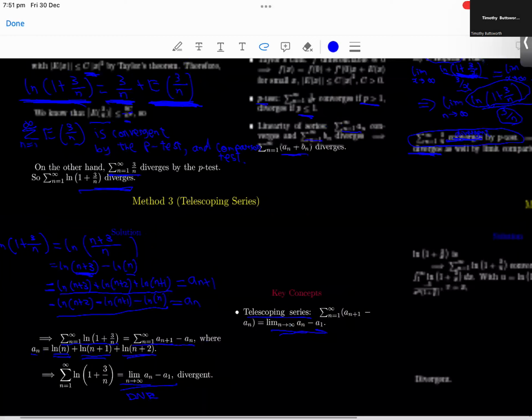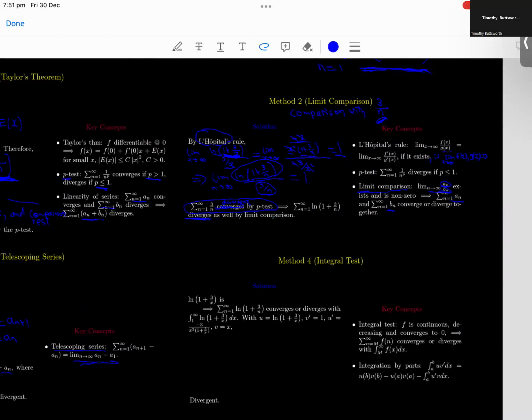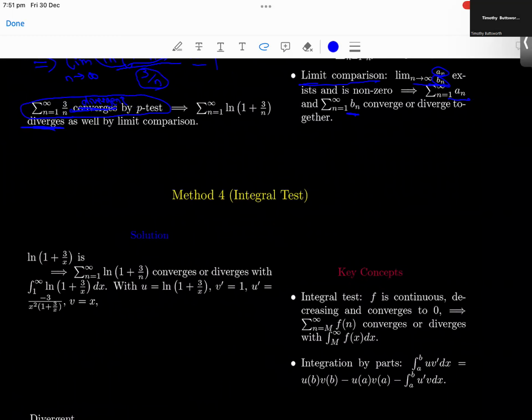Now there is one more method I have to show you that we can use to conclude divergence of this particular sum here. This is not one I would recommend. It's the most technical, but it also uses perhaps the cruelest test for series that we have available, the integral test. What does the integral test tell us? Well, it's a way of turning a sum into an integral.